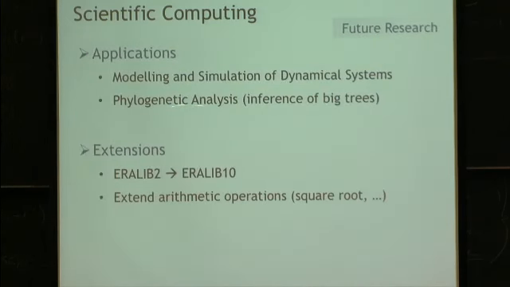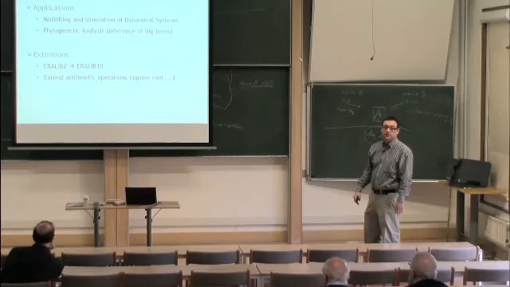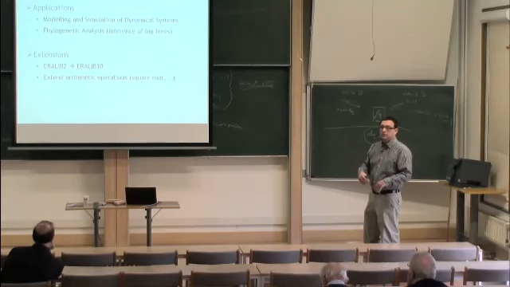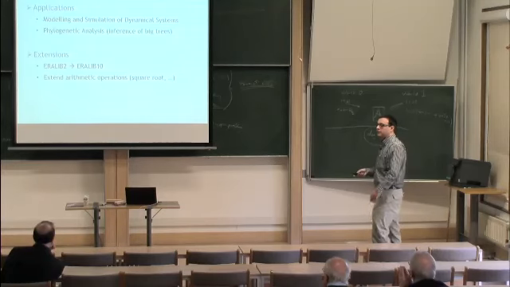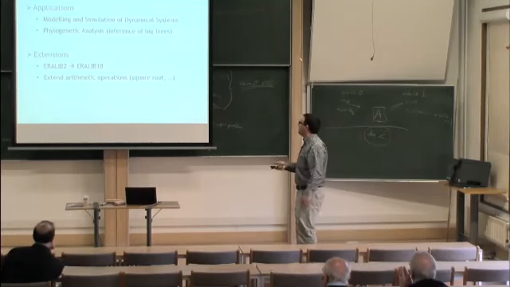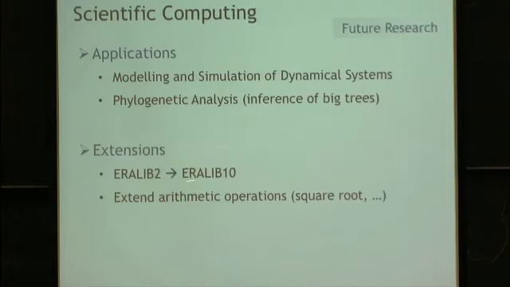And I have applied it to modeling and simulation of dynamical systems, and now in phylogenetic analysis, inferring very, very huge trees, in which you have to perform the calculation of what's called evolutionary distance. And if you have plenty of nodes, you have to perform a lot of calculations. Now I'm thinking about some extensions of this, from binary to decimal arithmetic also.